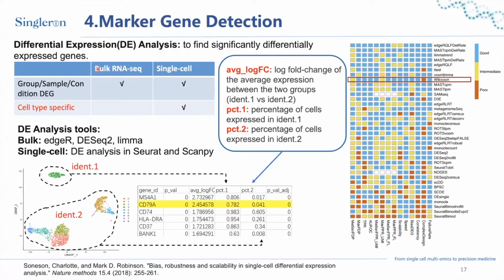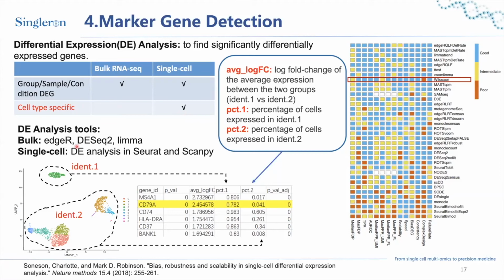If it's bulk RNA-seq, we can only do the analysis for groups or samples under different conditions. But for single cell, because we have different clusters, we can compare clusters to get these cell type specific genes, and these have a high chance to be the marker genes.